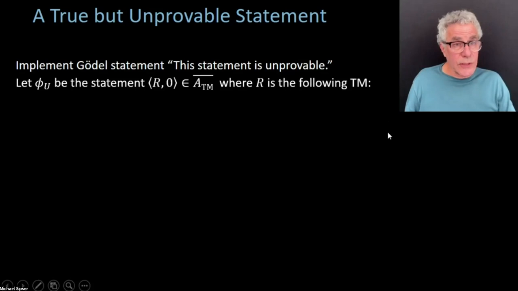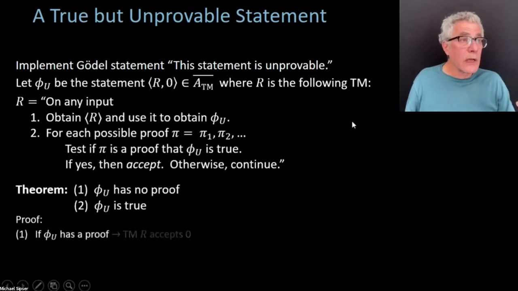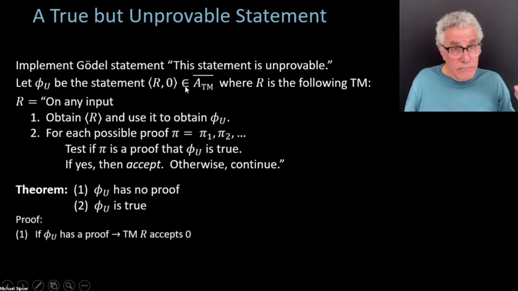Let me not go through it, because again, we unfortunately ran short on time. But you can implement this using the recursion theorem to make a particular machine R, where you cannot prove that R does not accept, say, some string 0.